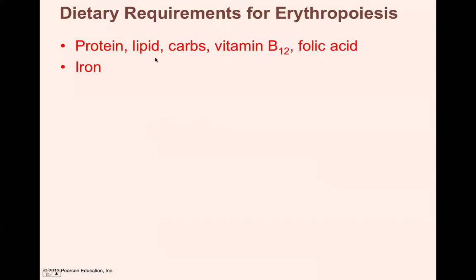You need lipids, the proper lipids, carbohydrates, vitamin B12. This is the B vitamin that's required for the body to be able to produce red blood cells, and also folic acid. Also, you need to have iron in the diet. If any one of these is severely lacking, the red blood cells will not be able to be formed properly.